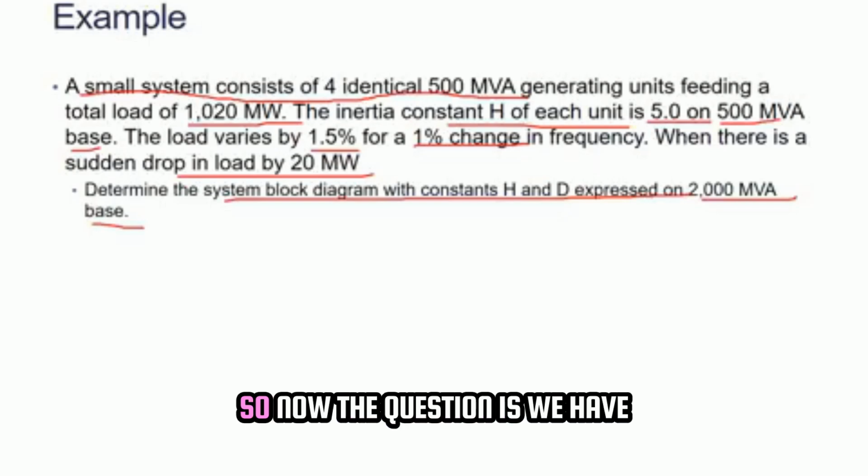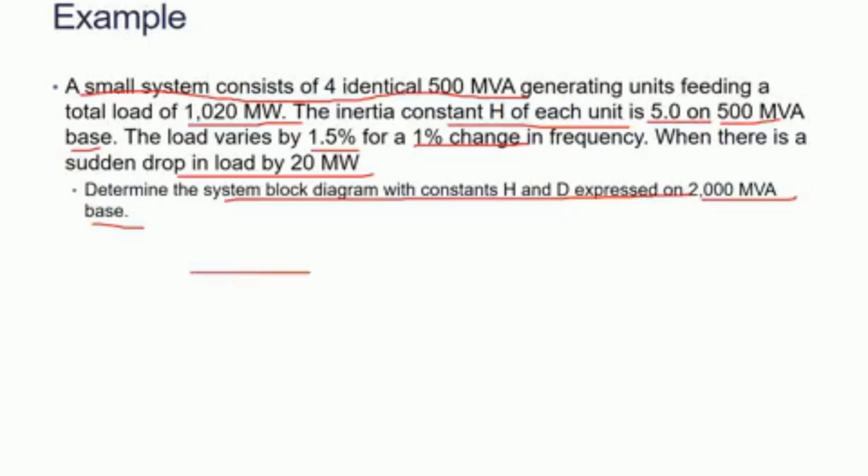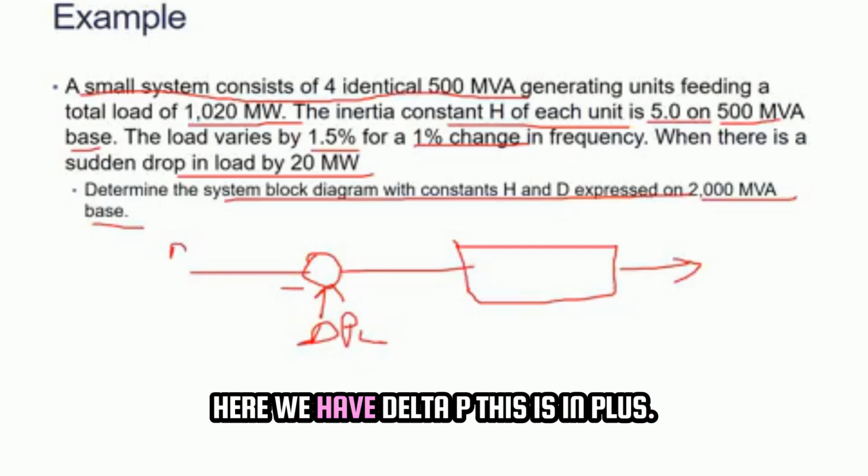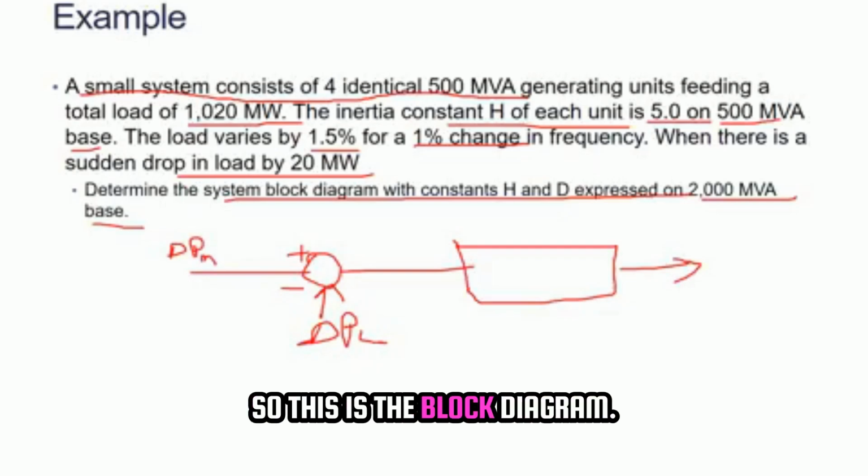So now we have to actually calculate. Here we have delta PL in minus, here we have delta PM in plus, so this is the block diagram.